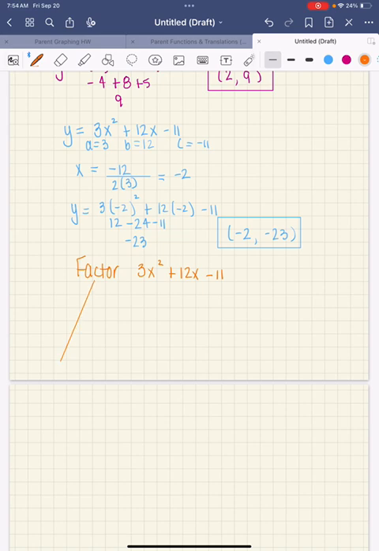So you make your diamond, and you get negative 33 on the top, and you get 12 on the bottom. And you're playing around, and it's like, well, 1 and 33, that's not going to help. Or maybe it's negative 11 and negative 3, and you just can't figure out what works.